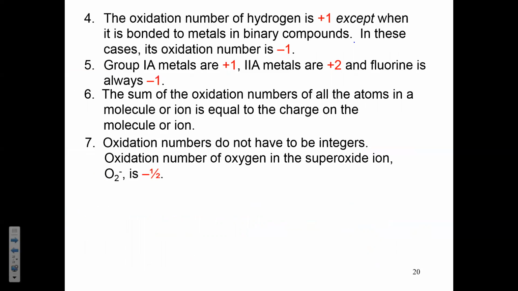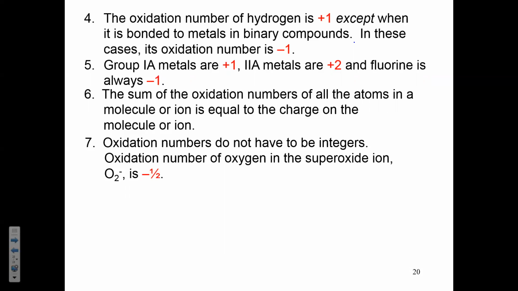Number 4, the oxidation number of hydrogen is going to be +1, except for when it's bonded to metals in binary compounds. I will point that out if that happens. In that case, our hydrogens are going to be a -1 oxidation. Group 1A metals are always going to have a +1, 2A metals are a +2, and fluorine is a -1. So we go by the charges on those when in compounds.